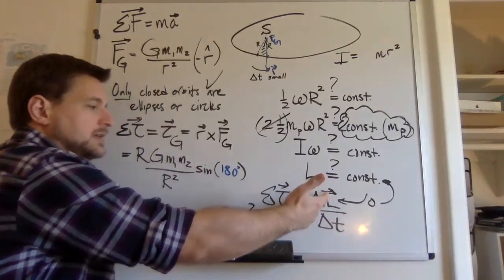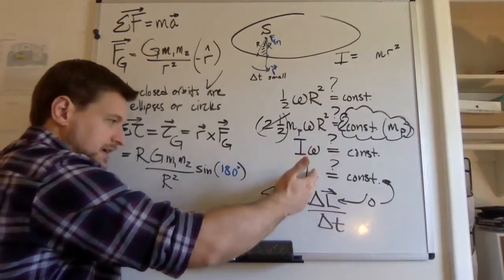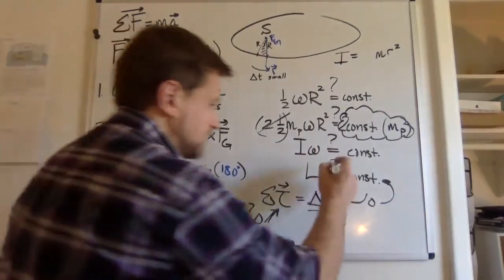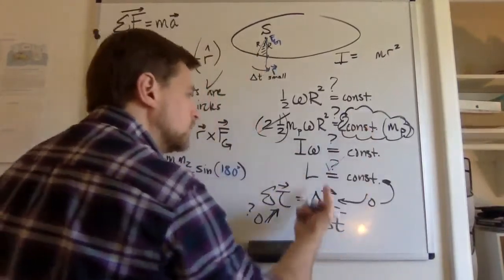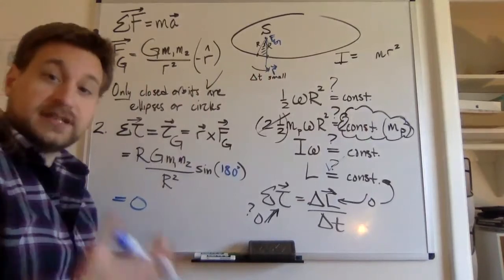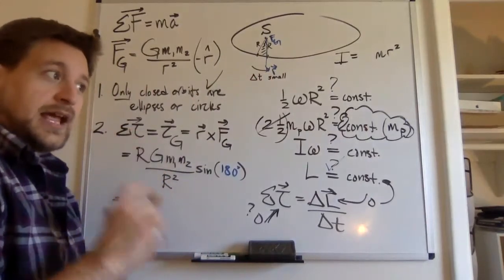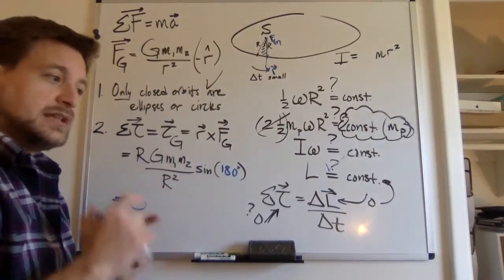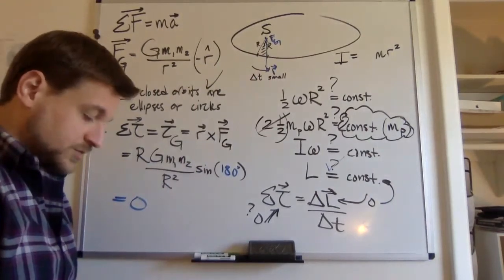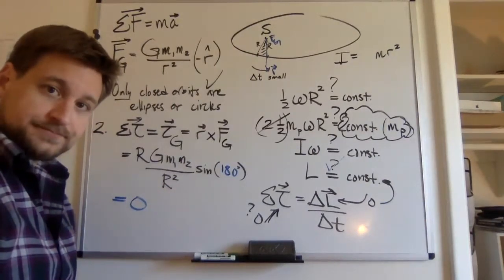Angular momentum can't have changed, which means the angular momentum has to be constant. So we can make this a yes check mark. And then we can walk that yes check mark all the way back to finally conclude, yes, the area swept is equal for equal time intervals, or the rate at which area is swept is constant.